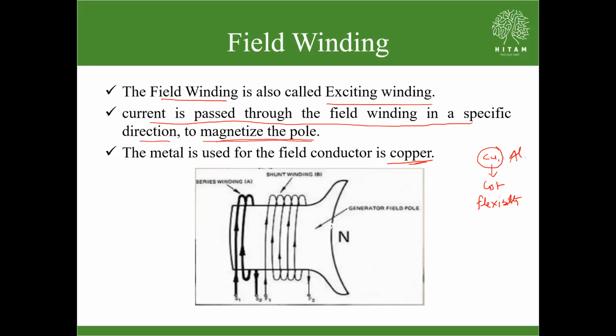Understood? So the field winding carrying current magnetizes the pole, and therefore the flux develops, and the armature conductors cut the flux. Therefore, the EMF is induced. Right? Understood now?